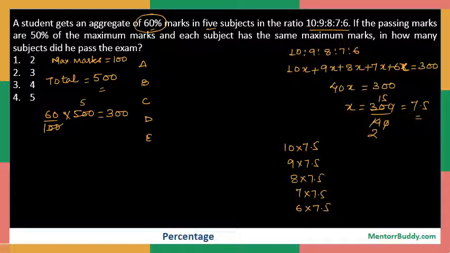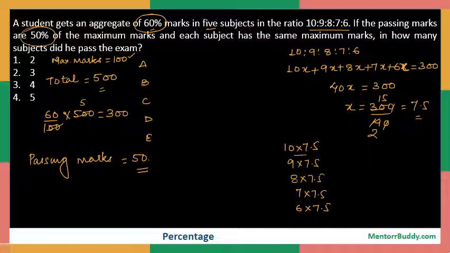Also, it is given that the passing marks are 50%, so now if the maximum marks in a subject was 100, definitely passing marks becomes 50% of the maximum marks, and therefore passing marks for each subject is 50.